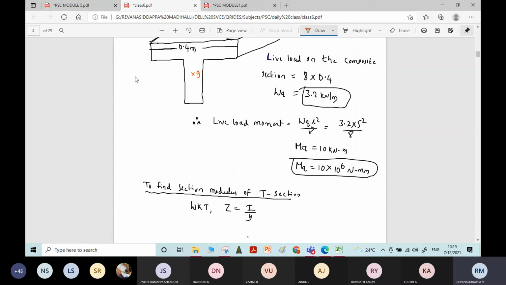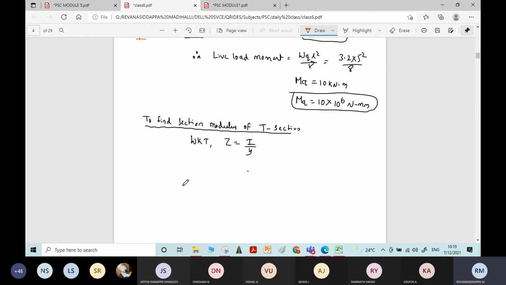I'll write the centroidal axis here. We will find the distance of the centroidal axis from the bottom fiber, YB.